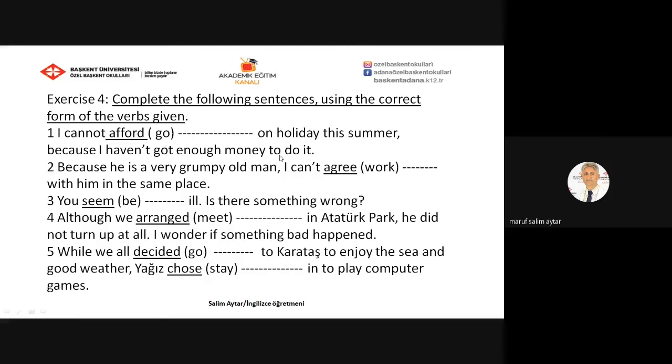Because I haven't got enough money to do it. 2 says, because he's a very grumpy old man, I can't agree, okay, with him in the same place. You seem, you appear, blah, blah, ill. Is there something wrong?